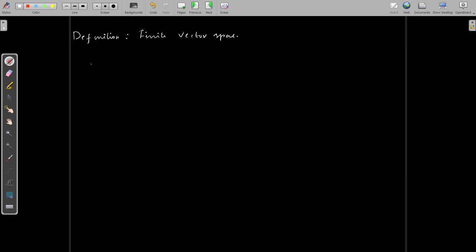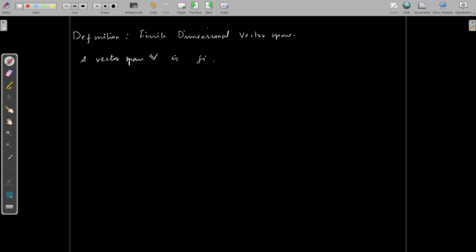Now we have a couple of definitions. First one is finite dimensional vector space.